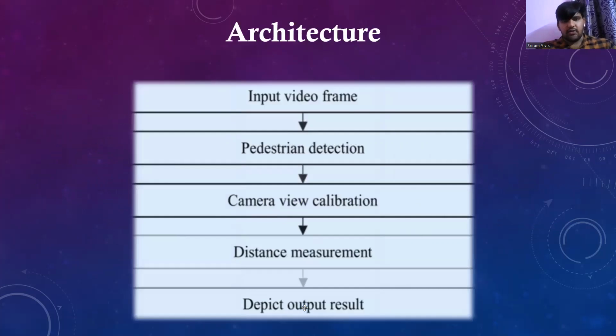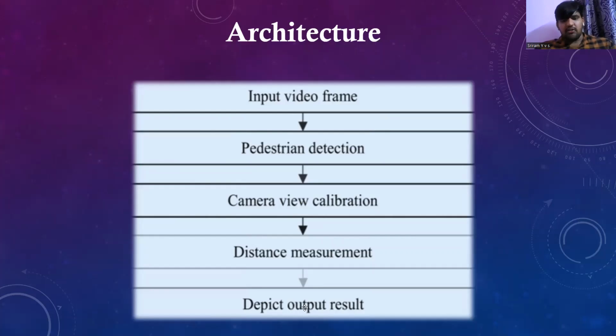And this is the architecture of our project. First, we have to give the input video frame, and the input can be either a video or image, or can be given as a live feed from the camera or CCTV footage. In the next step, the model tries to detect pedestrians with the help of another algorithm called human detection.